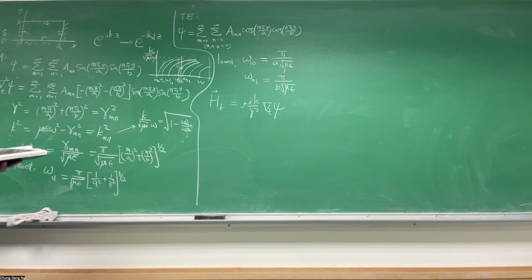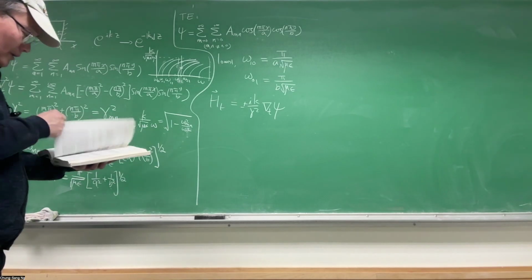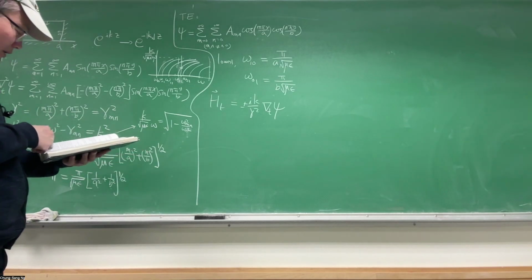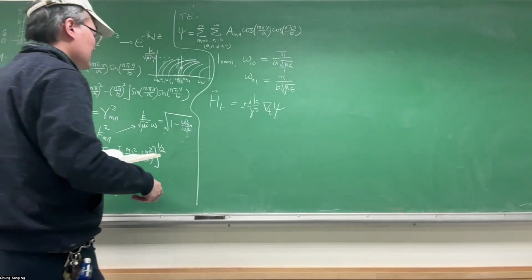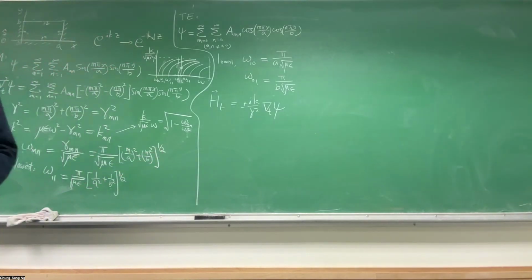Or you can go back to 8.23 to 25 to solve for the transverse component. So there are different ways you can solve for the E sub t. That should not be difficult.